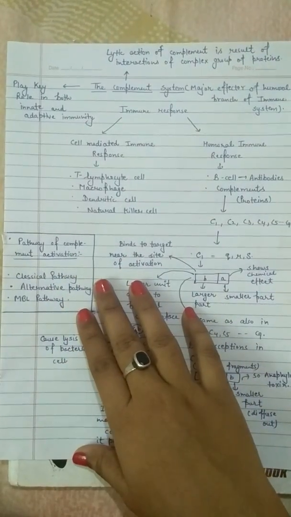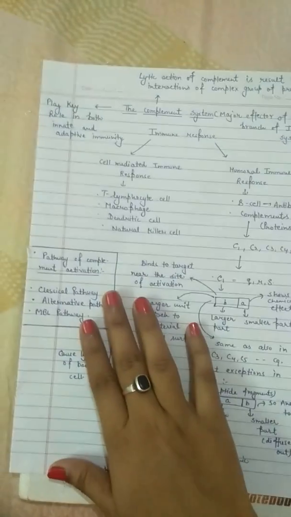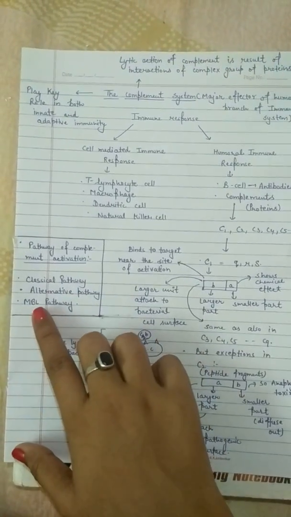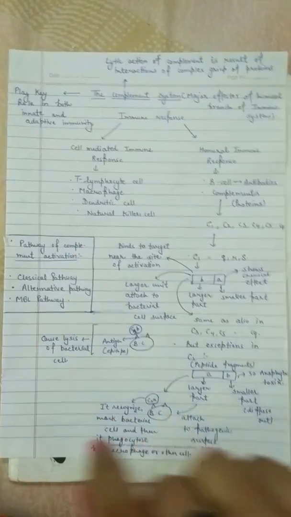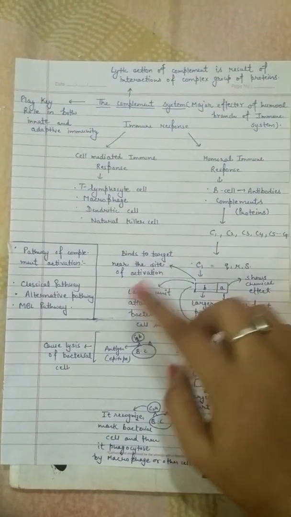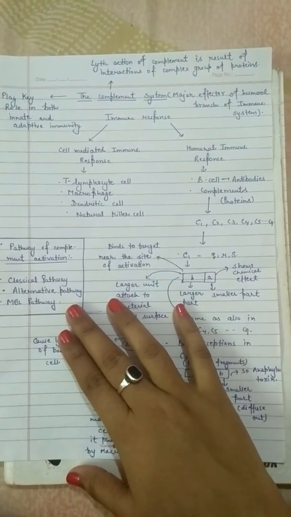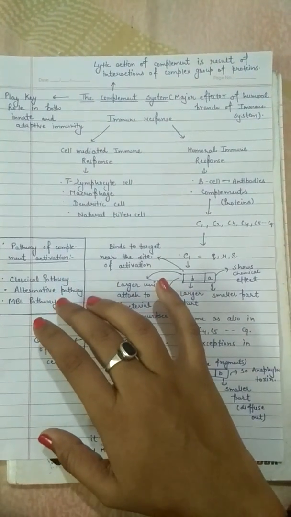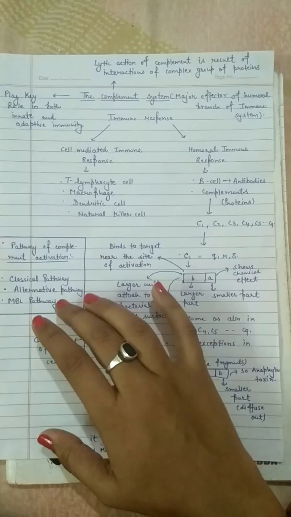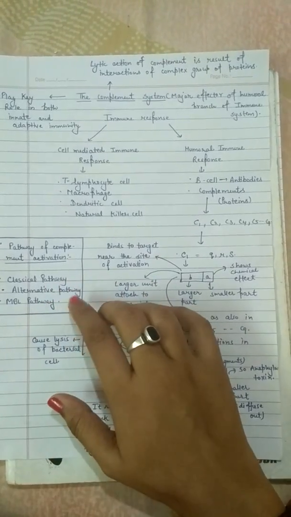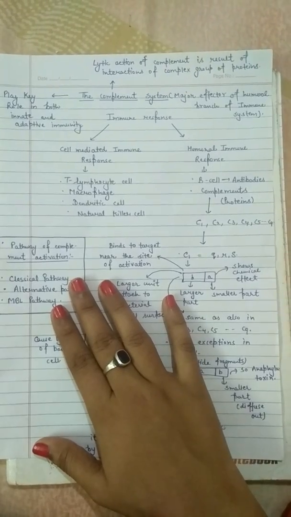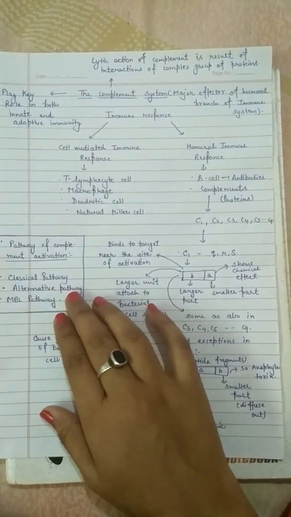There are many pathways for activation of the complement system. These pathways are the classical pathway, the alternative pathway, and the MBL, meaning mannose binding lectin, pathway. All these pathways help in the activation of the complement system. There are few steps involved in all these pathways, in which some steps are similar in all three pathways and some are different. These pathways play a very important role in clearing the pathogen.